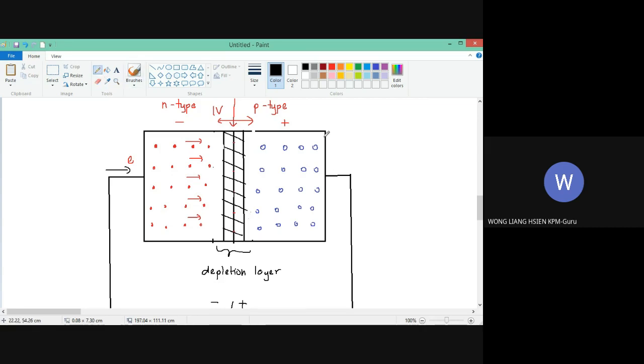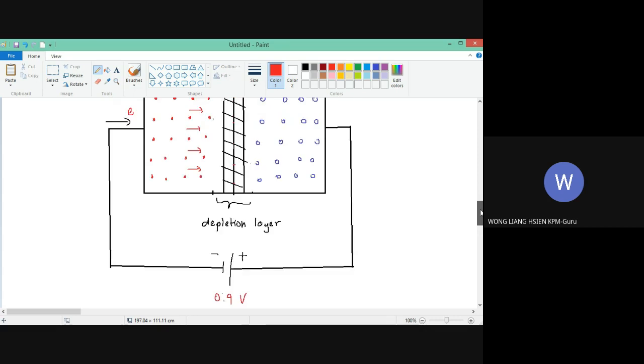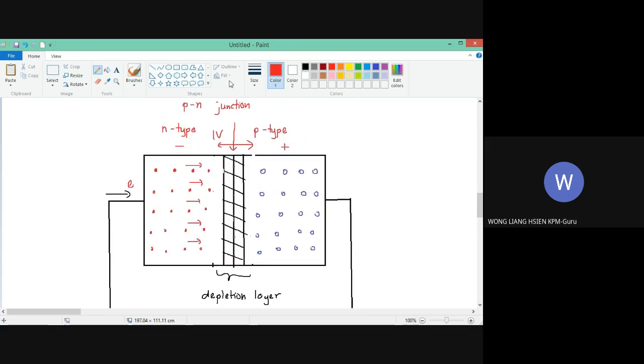So if we increase the voltage of the power supply, let's say to 0.9 volt, then the depletion layer will become even more narrow.